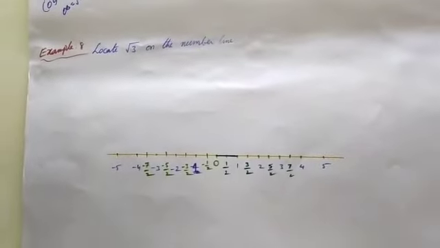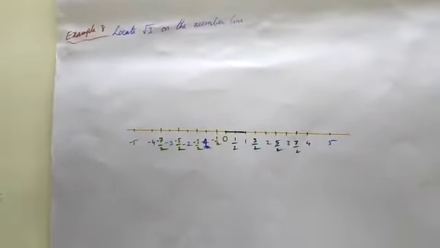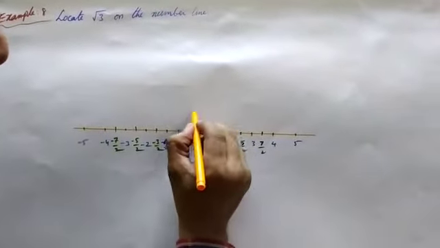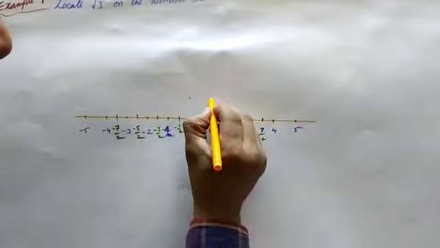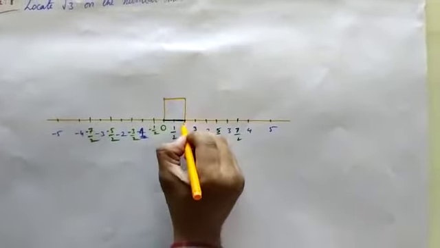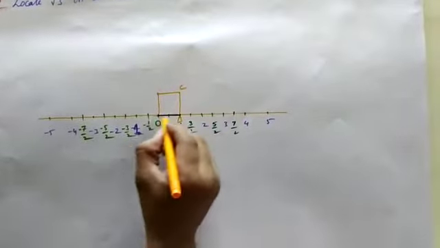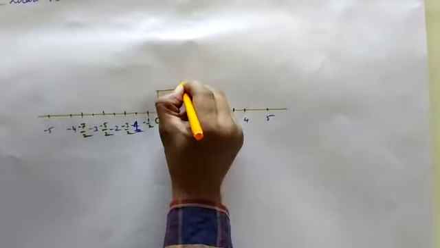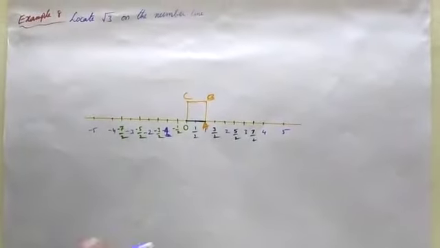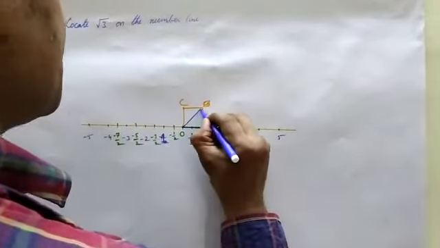Similarly, with the above process, take 1 unit and join O, B, C. We already know OB is root 2.